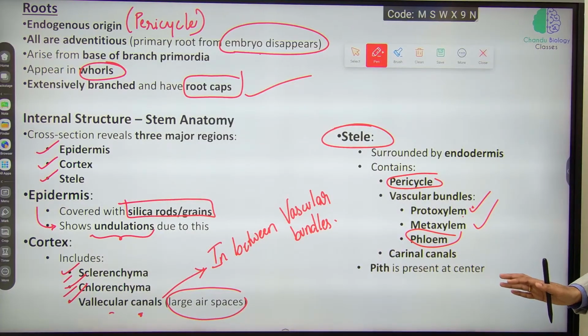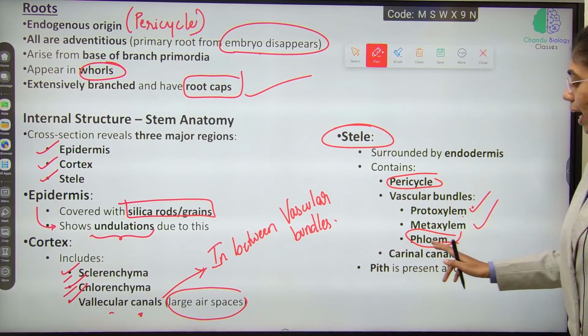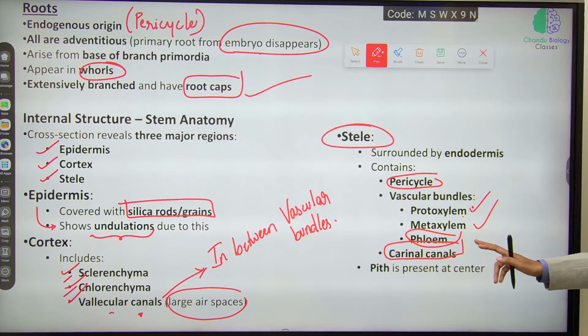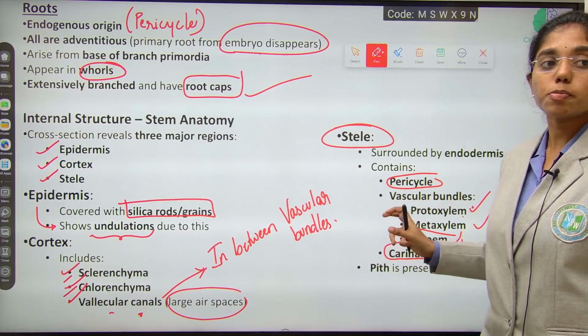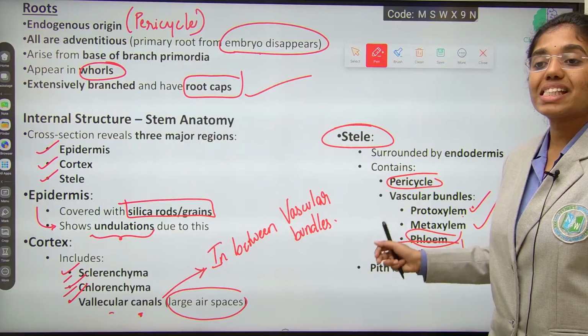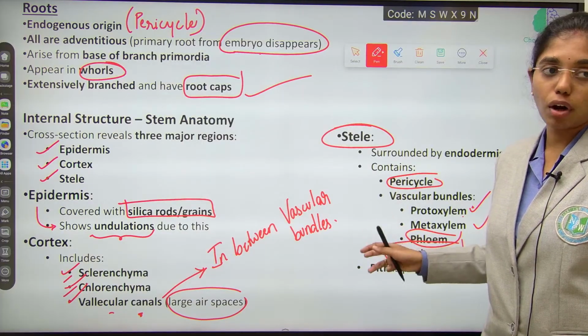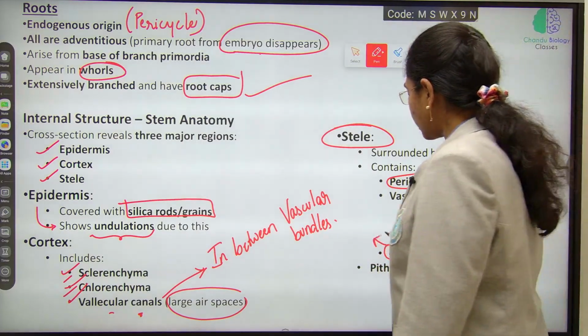Okay. So here if you see, next, carinal canals. Carinal canals are those air-spaced structures which facilitate the conduction of water and minerals in the cortex region.